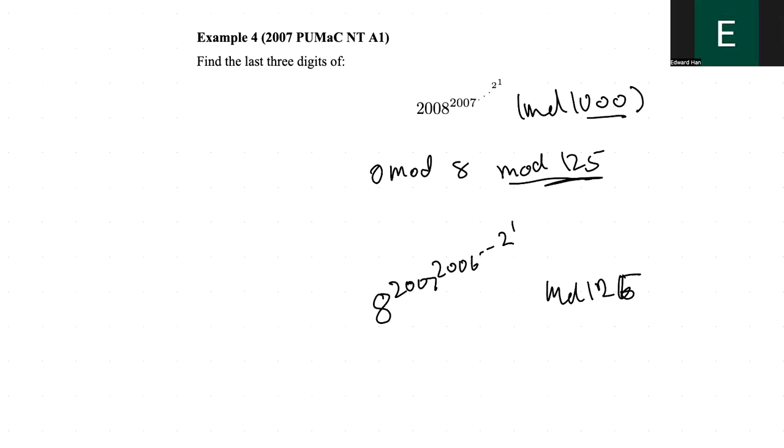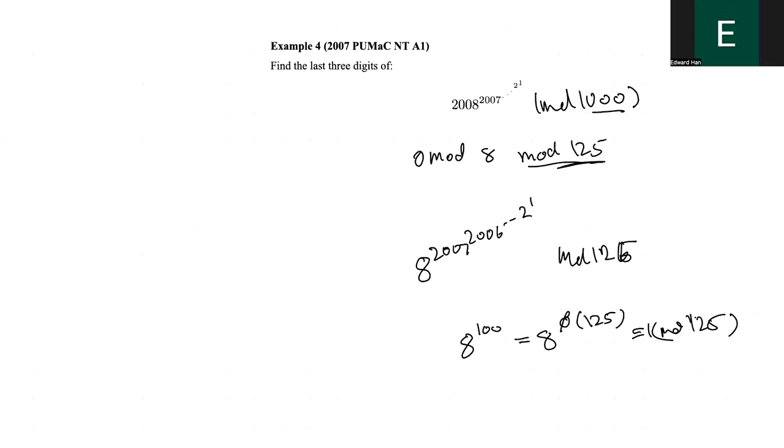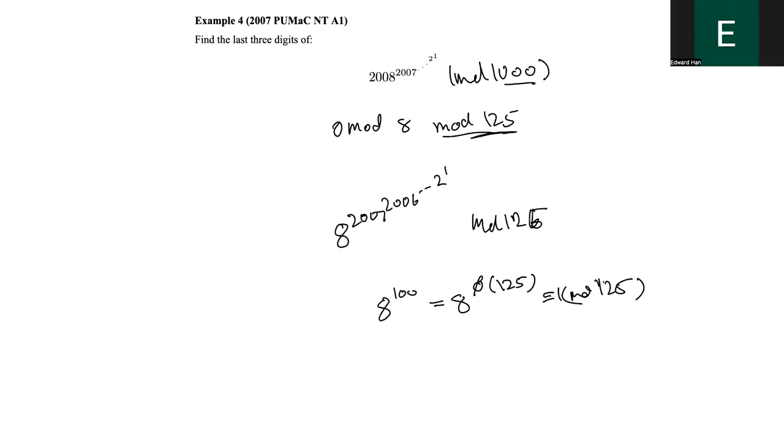And 8 to the 100, which is 8 to the totient of 125, is congruent to 1 mod 125. In this type of problem, the general spirit is that you take the exponent mod the totient. So now I'm going to take the exponent 2007 to the 2006 to the 2005, etc., to 1 mod 100, and then substitute that back here.